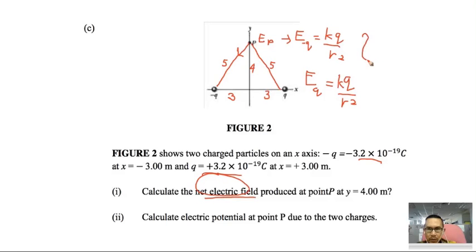So E at P is equal to kQ over r square for the negative Q, plus kQ over r square, and now k is constant.